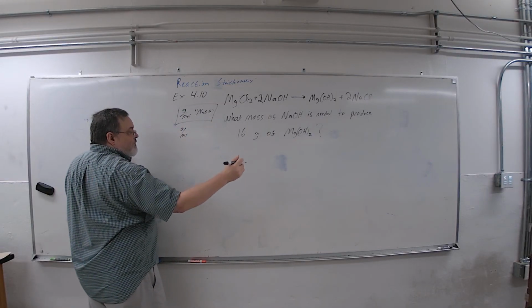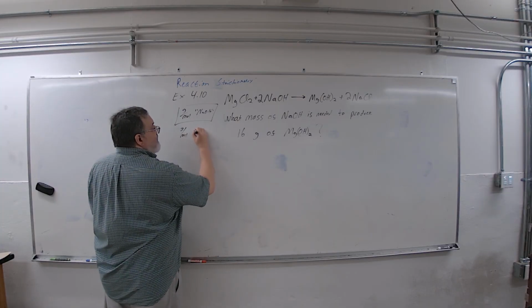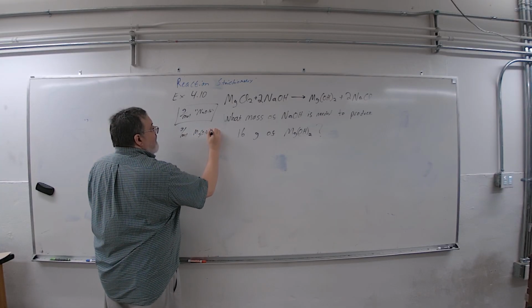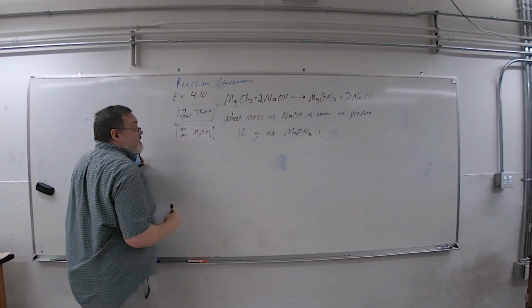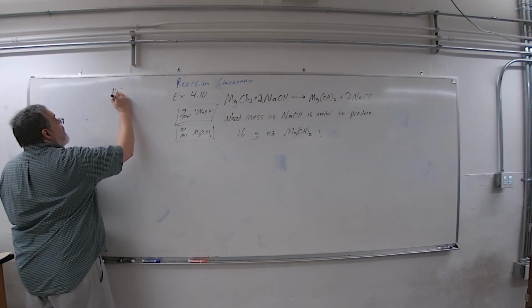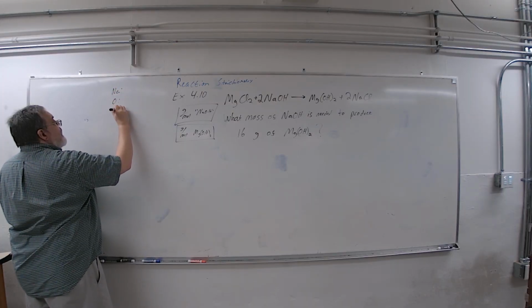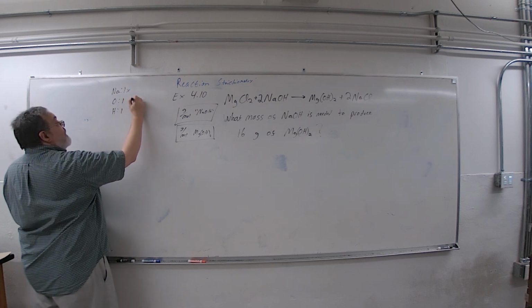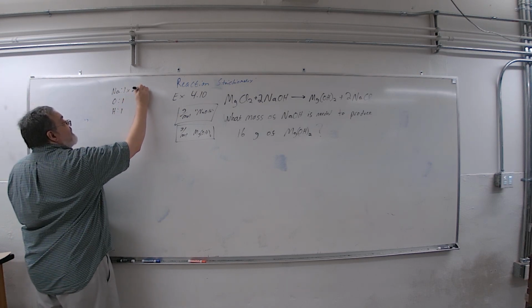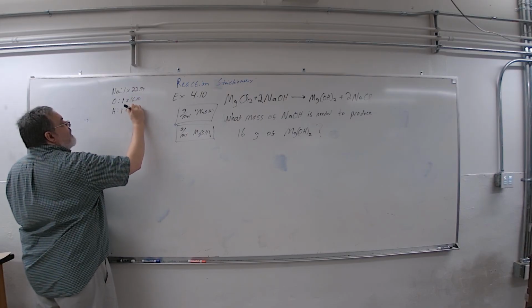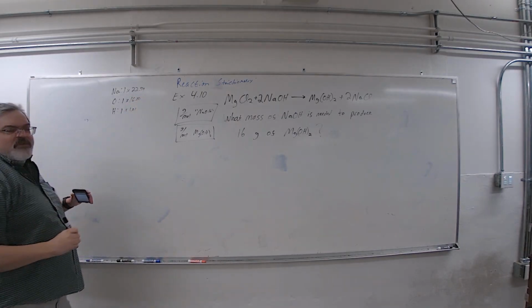If grams is mentioned for it, you're going to need to calculate the grams per mole. You're going to need those two things. Let's go ahead and do it. OH: 1, 1, 1, 22.99. Is that right for sodium?